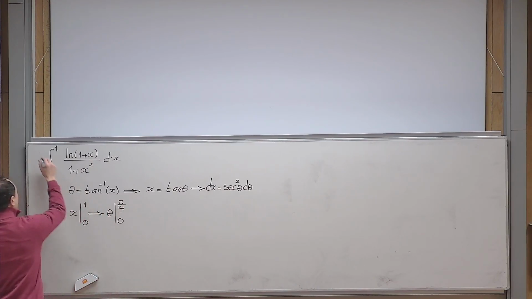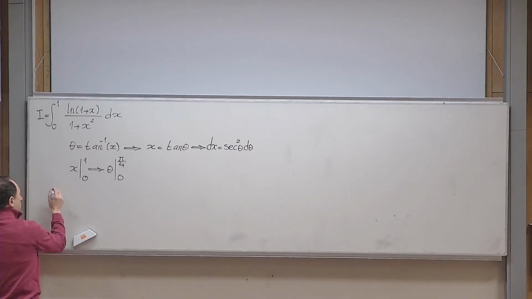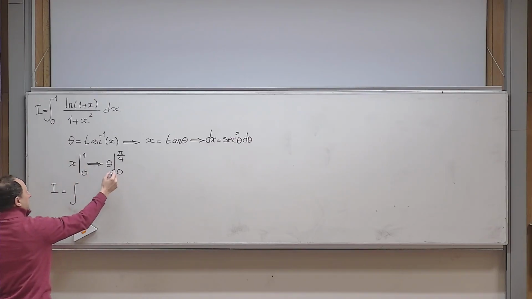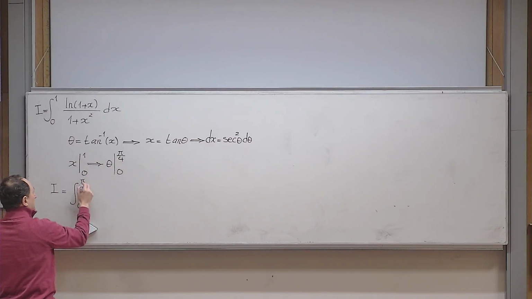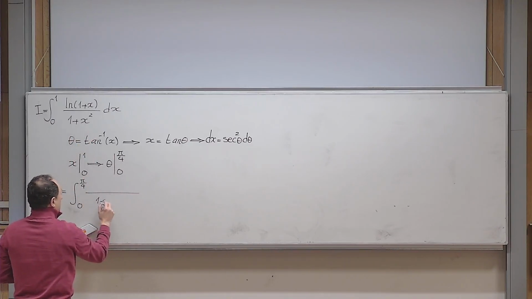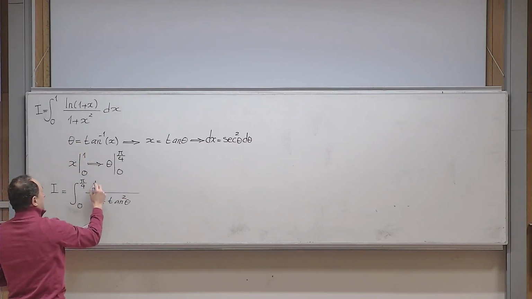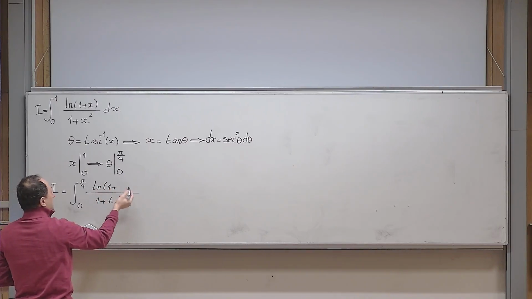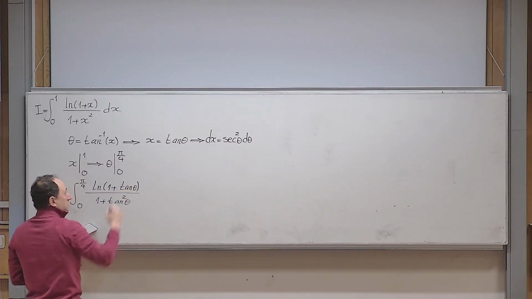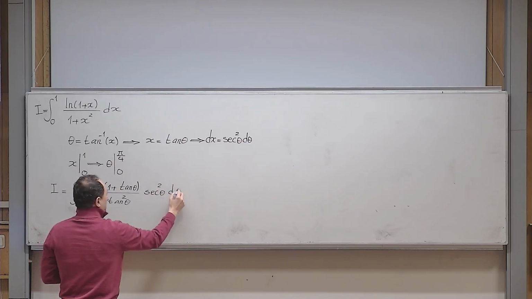So if you don't mind, let me call this integral I. Then this integral can be written in this form. Instead of going from 0 to 1, now I go from 0 to pi over 4, and then 1 plus x squared becomes 1 plus tan theta squared, and then I will have ln of 1 plus x, but x is tan theta, and then dx is secant theta squared d theta.